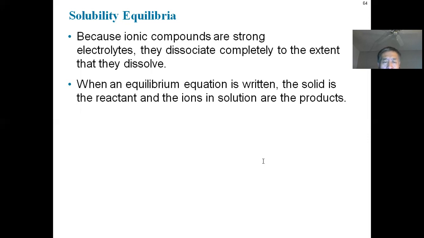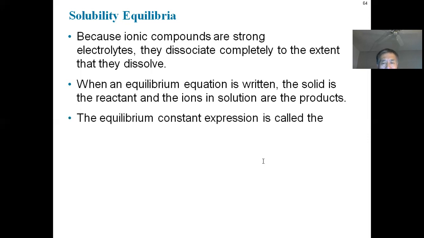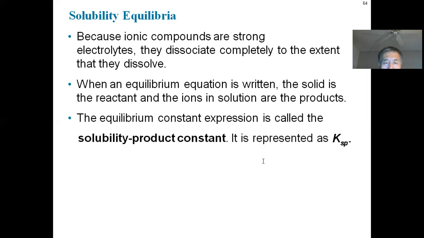So what you do is write up the equilibrium equation, then write up the equilibrium constant expression, and this expression has a special name called the Ksp. S for solubility, P for product.